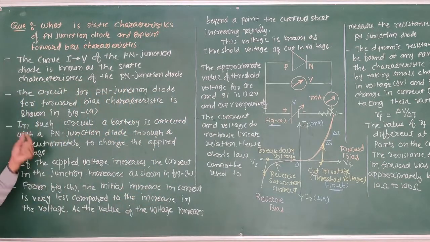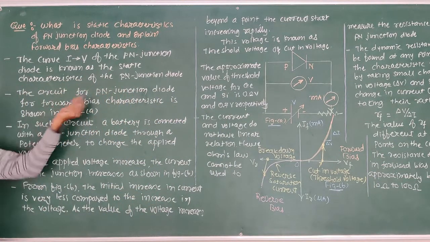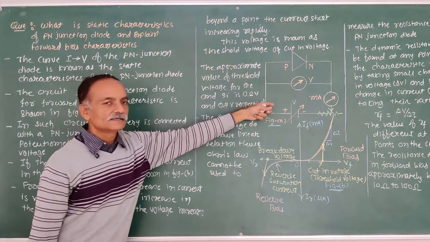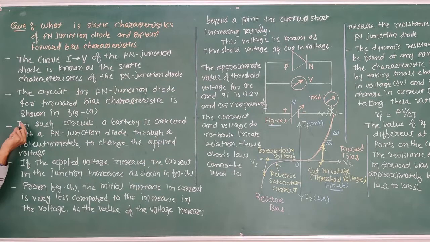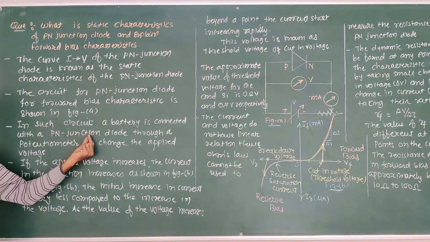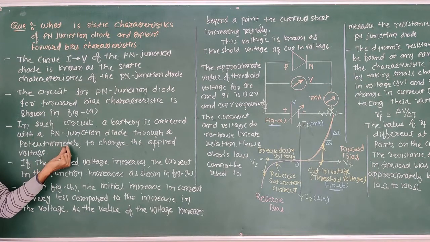Again, the circuit for PN junction diode for forward bias characteristic is shown in the figure. Right? In such a circuit, a battery is connected with a PN junction diode through a potentiometer or the rheostat to change the applied voltage. If the applied voltage increases, the current in the circuit or the junction increases as shown in the figure.